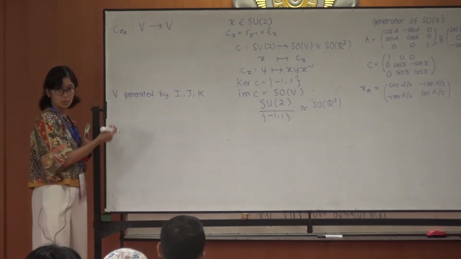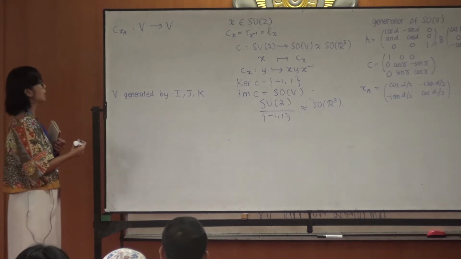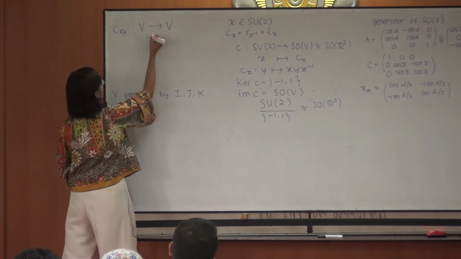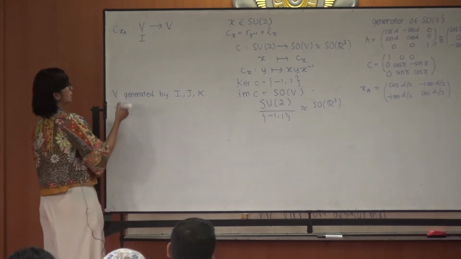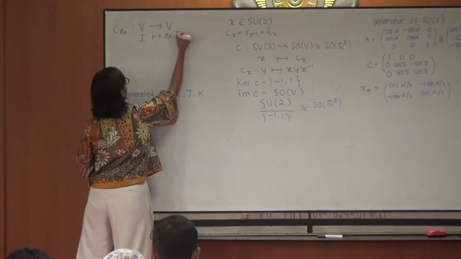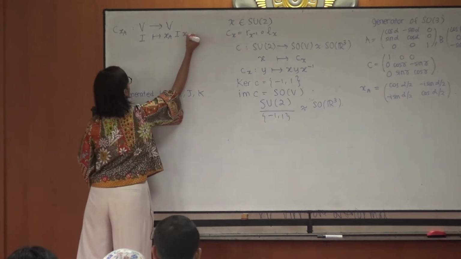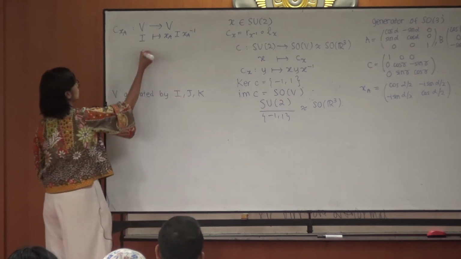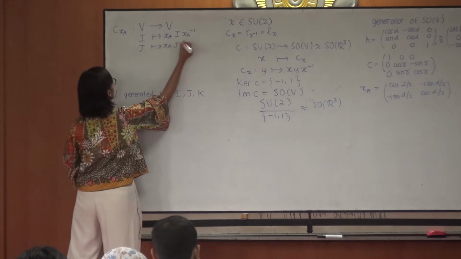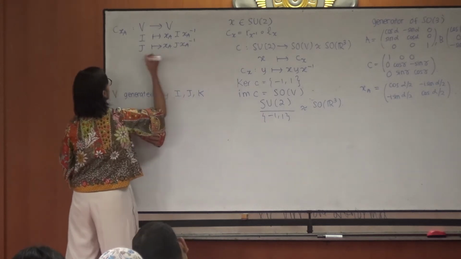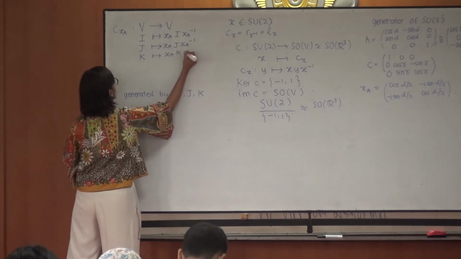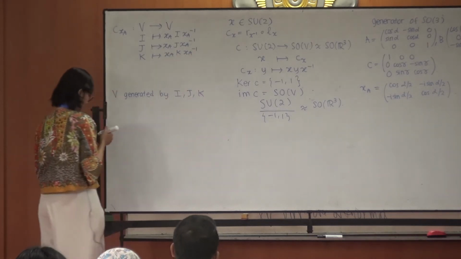So once again, I will use the generators. I will not compute all. So let us see here for I. This will go to XA I XA inverse. For J, this will go to XA J XA inverse, and for K, this will go to XA K XA inverse.